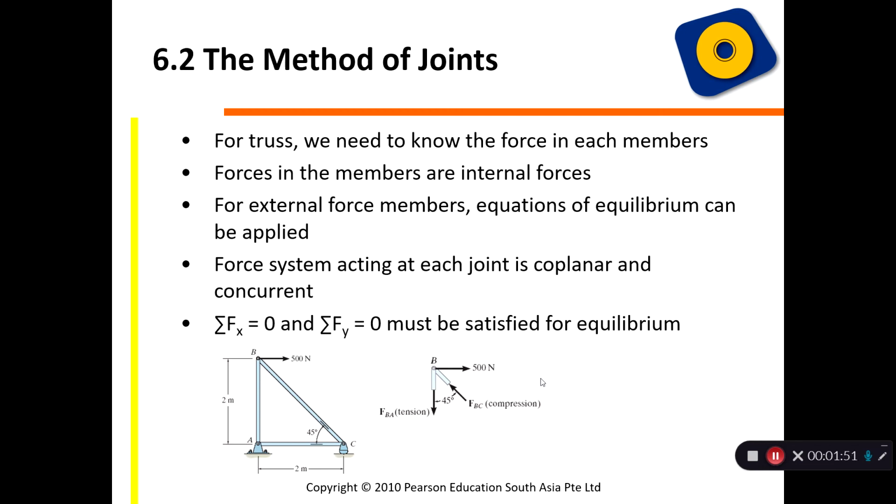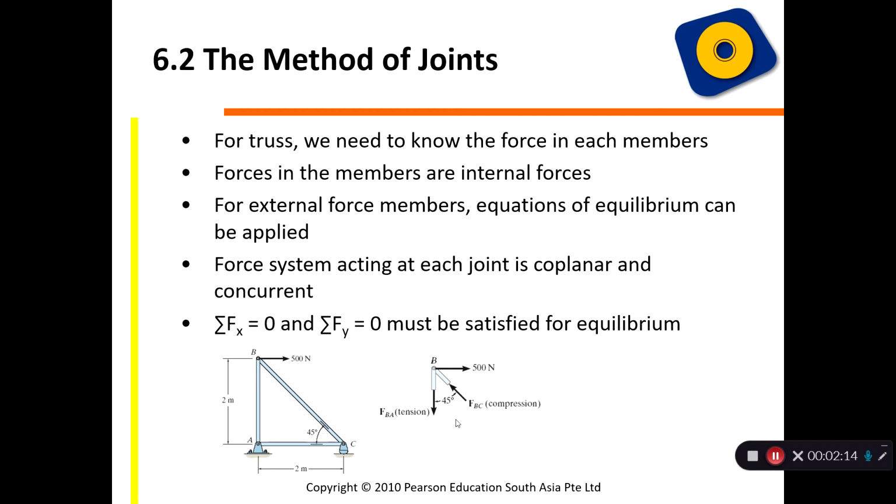So let's first take this example. At joint B, if we were to construct the free body diagram, this is what you're going to get. We have the external force of 500 newtons, and we have tension or compression forces in members BA and BC.